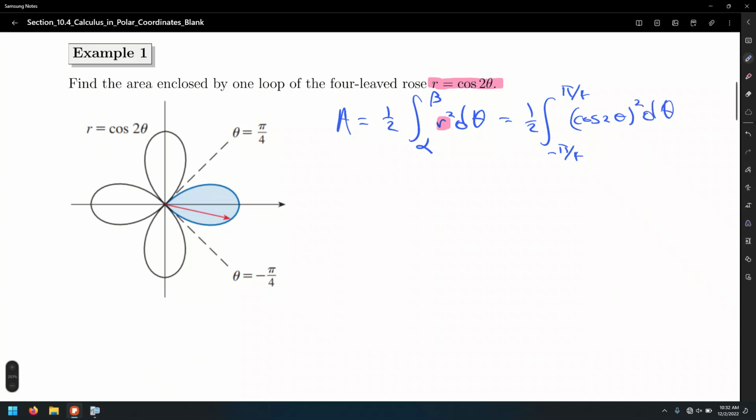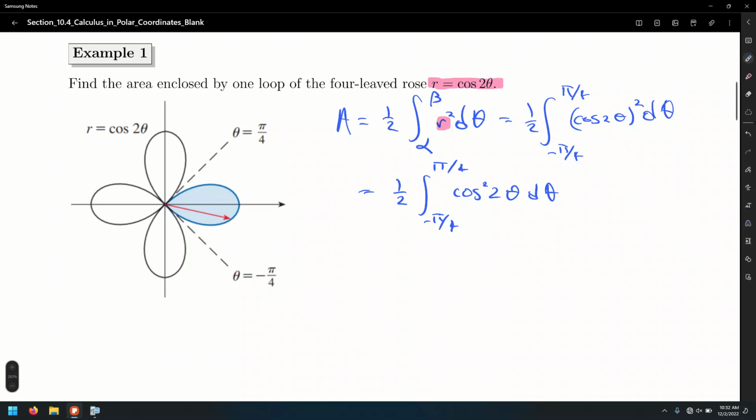Well, so let me simplify the parentheses. There's really nothing big that I'm doing here other than just cleaning up the parentheses. And that's cosine squared 2 theta d theta. So that's the integral we have to evaluate in order to find the area inside of one of these loops. However, there's a couple of issues here.